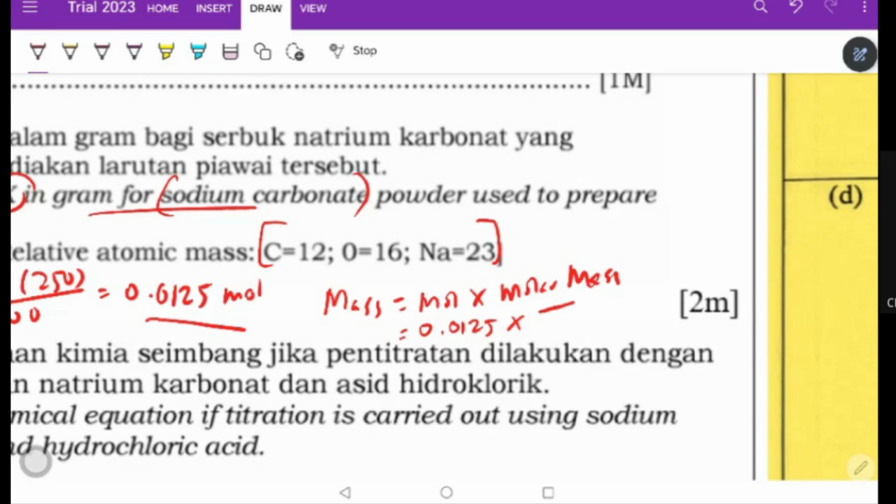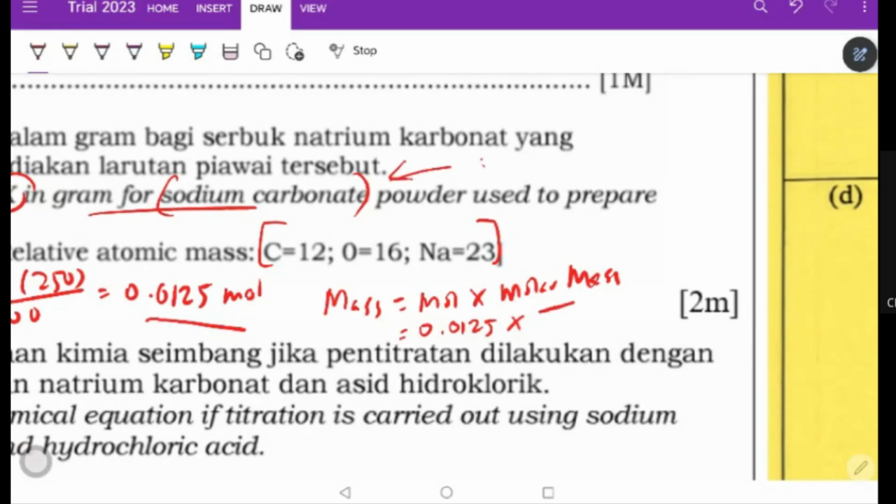Okay, so molar mass, sodium carbonate, your formula must be correct.